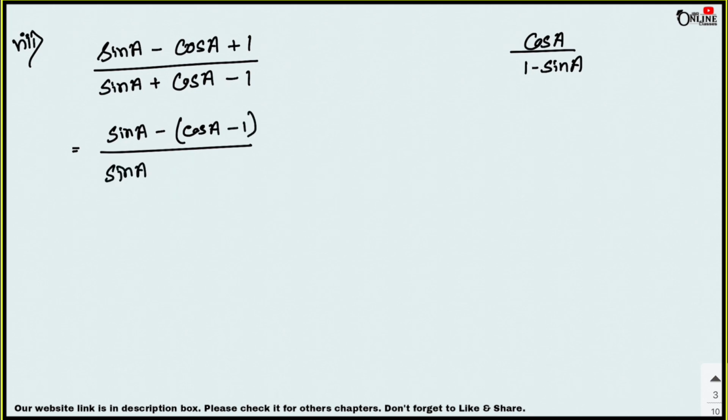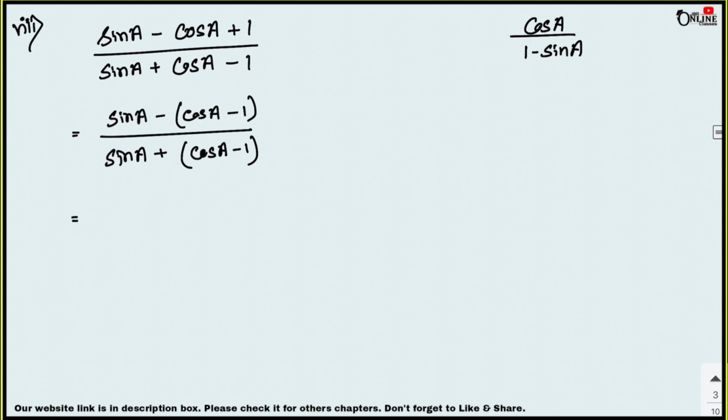In the lower one you have sin A plus, in brackets you can also write cos A minus 1. So the upper one is sin A minus cos A minus 1, and the lower one is sin A plus cos A minus 1.